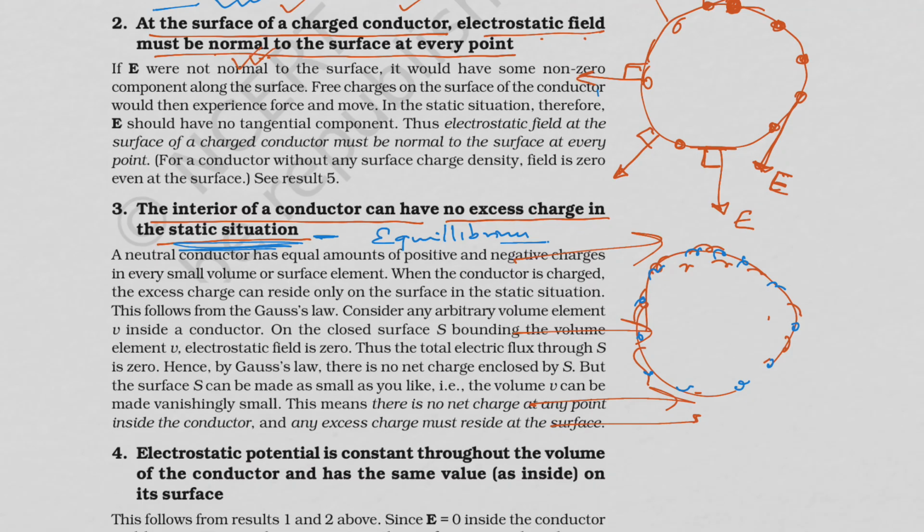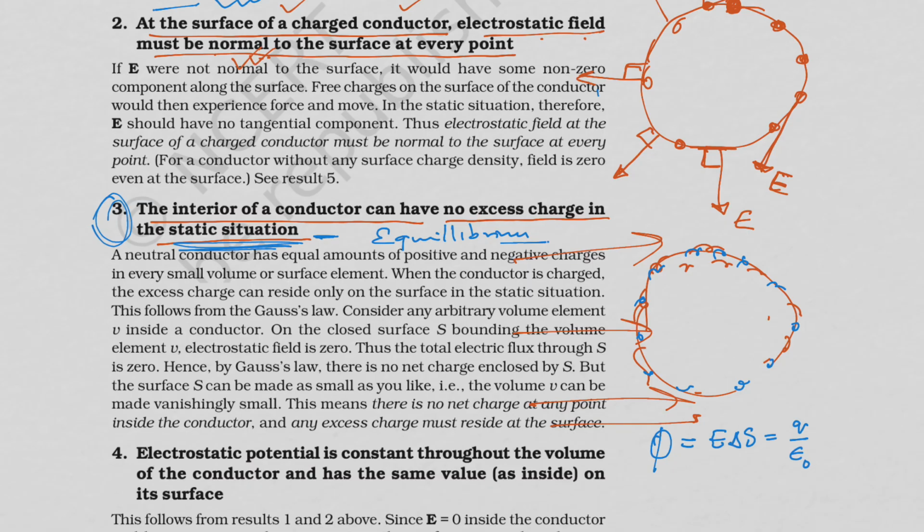We can prove the third result also by using Gauss's law. What does Gauss's law say? The flux, which is the electric field multiplied by the surface element of the enclosed surface, is equal to the charge upon epsilon naught.